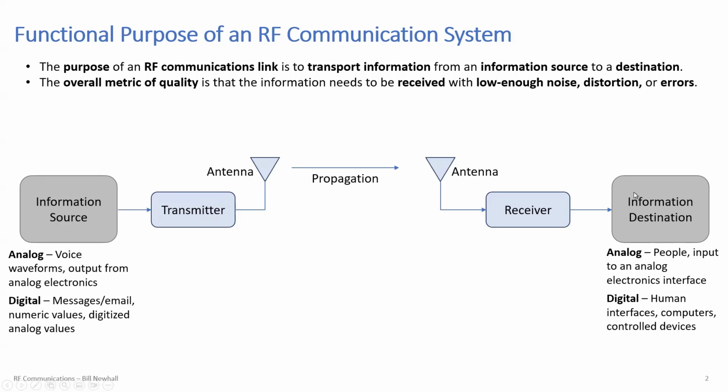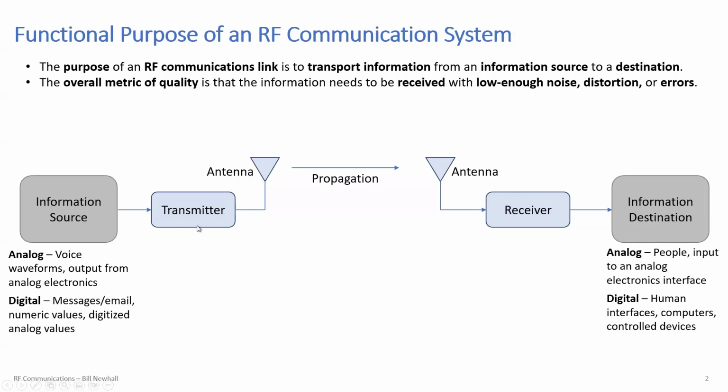We're not trying to reach perfection, but we do have a measure of quality that we want to achieve. And that overall metric of quality is really this, that the information is received with low enough noise, low enough distortion, few enough errors so that you can do what you need to do with that information at the destination.